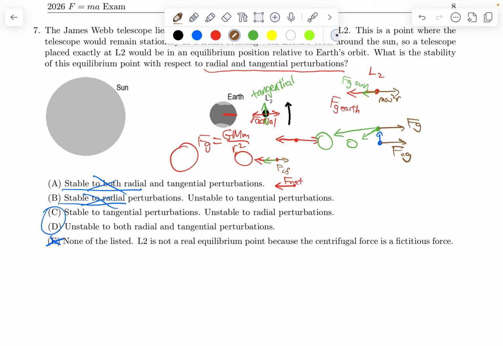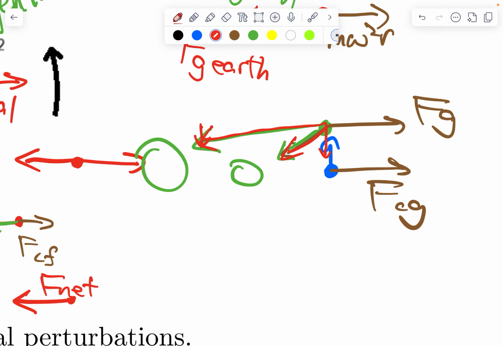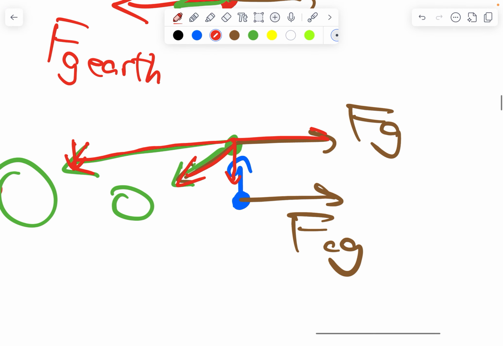So what we notice right now, if I zoom in, is that these gravitational forces have a component that points downward, right? While the centrifugal force does not, because it's just pointing away.